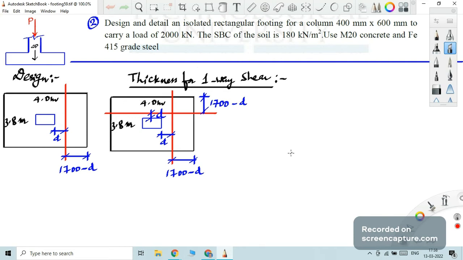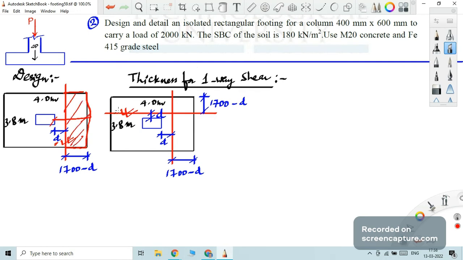So since it is a rectangular footing, as I have shown there, this is one of the sections, and this is another section. The projection is 1700 we have selected. So this is 1700, so 1700 minus d is the width of the area to be considered.